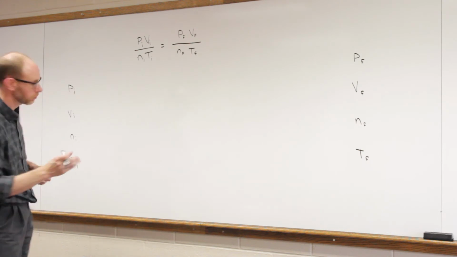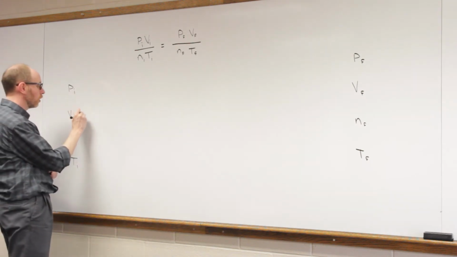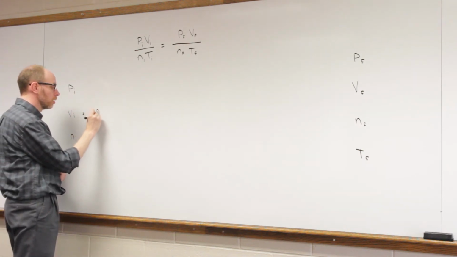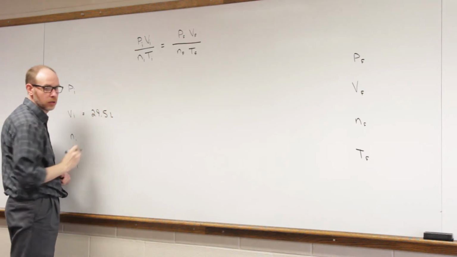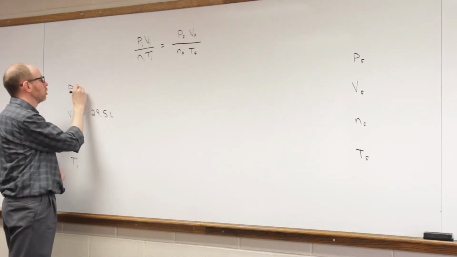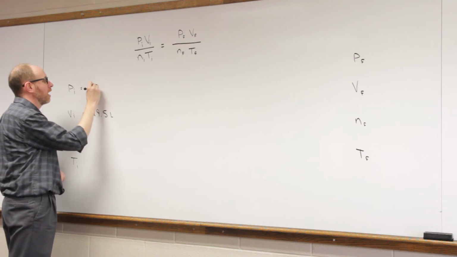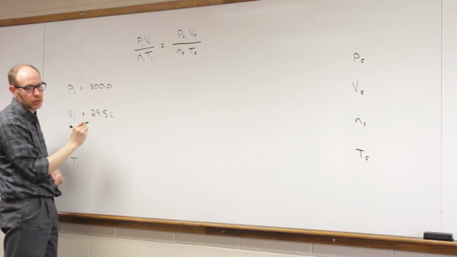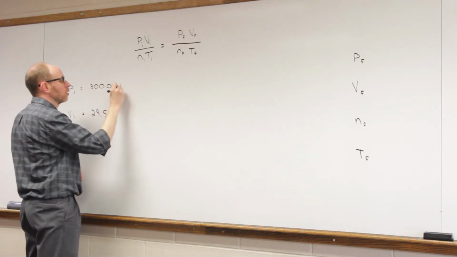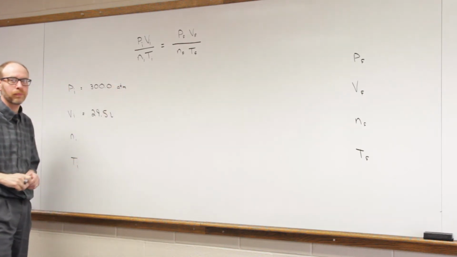300 atmospheres. So we know the initial volume is 29.5 liters. And we know that that initial pressure of that gas is at 300.0 atmospheres.